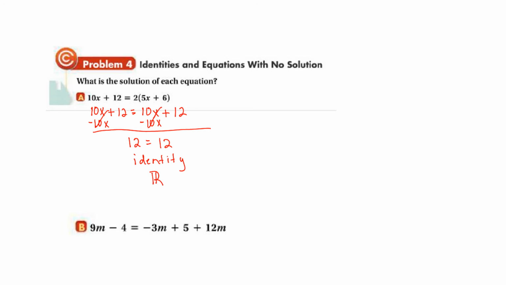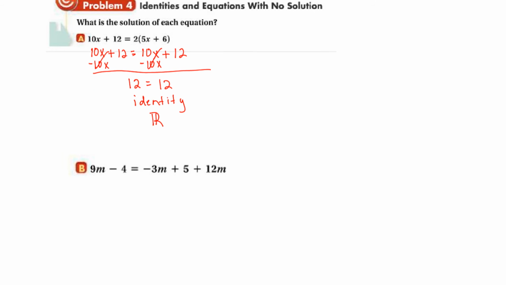In example 4b, following my steps, there are no fractions, there are no parentheses, but on the right side I do have like terms to combine. So the left side again would stay the same, 9m minus 4, and on the right side I can combine negative 3m plus 12m, which would give me 9m, and then I'd bring the plus 5.